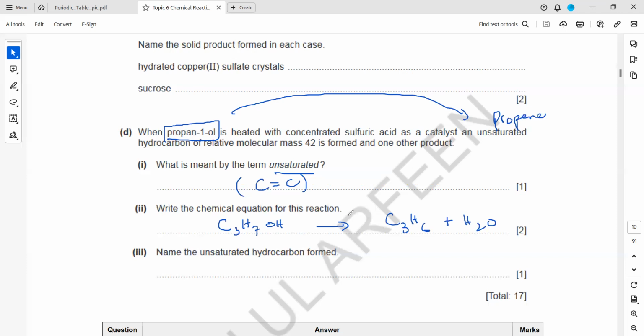This is called an elimination reaction, in which from a chemical compound one small molecule is being removed. So we call it elimination. Name the unsaturated hydrocarbon. So that is propene. Is this question clear? So this was topic 6.